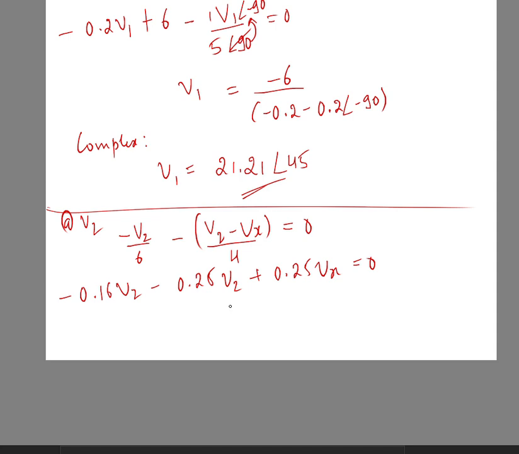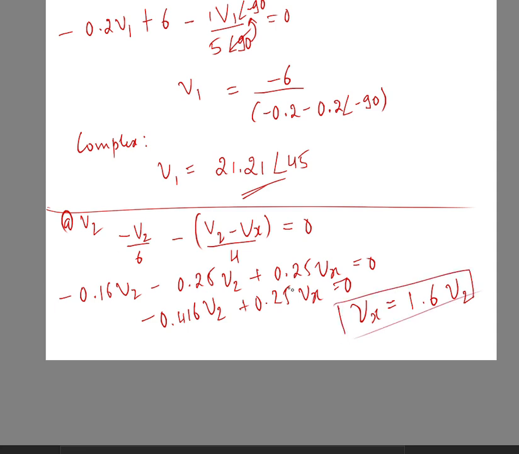When I finally simplify that further, I get minus 0.416 V2 and 0.25 Vx equals 0. And solving for Vx, you'll essentially get around 1.6 something times V2, right? So you're going to get that equation from the second node.